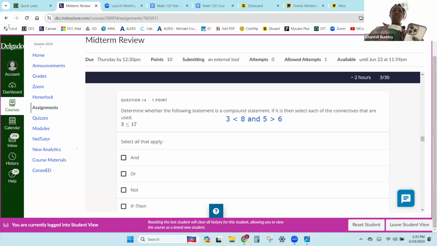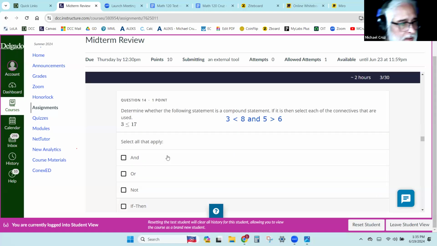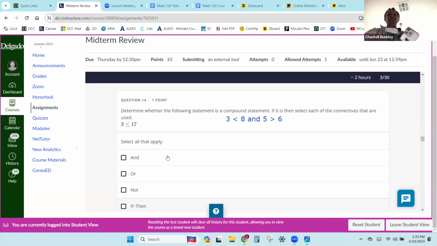But it's incorrect according to the answer. Let me look at the answer and their reasoning. Are they saying if, so that makes it a statement because of if, right? Well, no, let me just see. 3 is less than or greater than 17. I think. I don't know. I mean, it's a statement, but I'm confused.